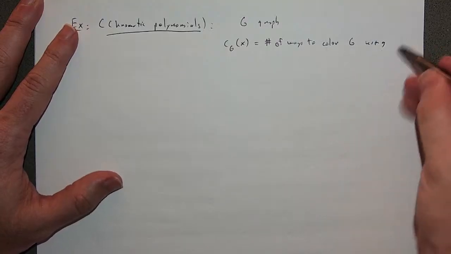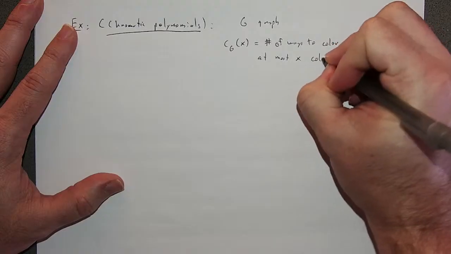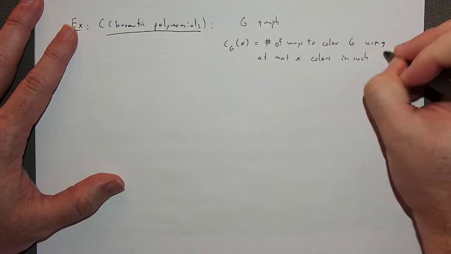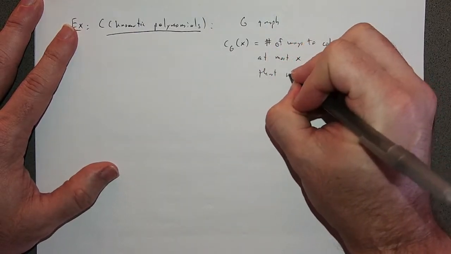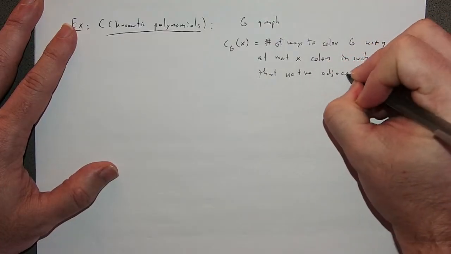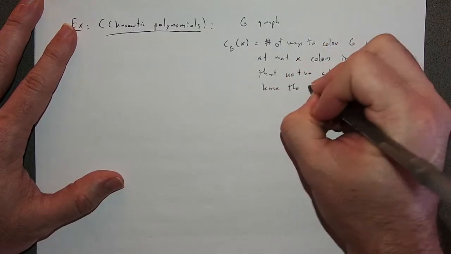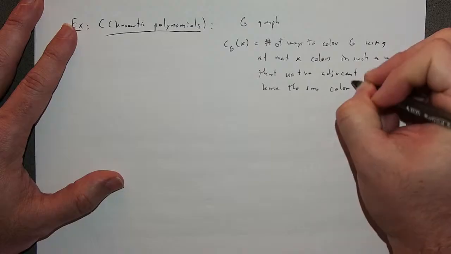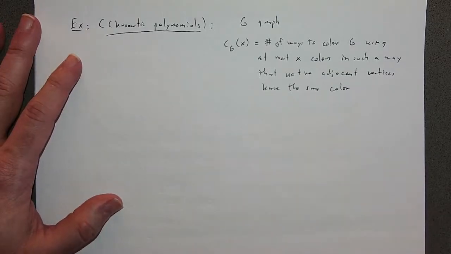Number of ways to color G using at most x colors in such a way that no two adjacent vertices have the same color. Instead of calling this a proper x coloring or something, I'm just writing out in words exactly what that means. Okay, so that no two adjacent vertices are colored the same color.